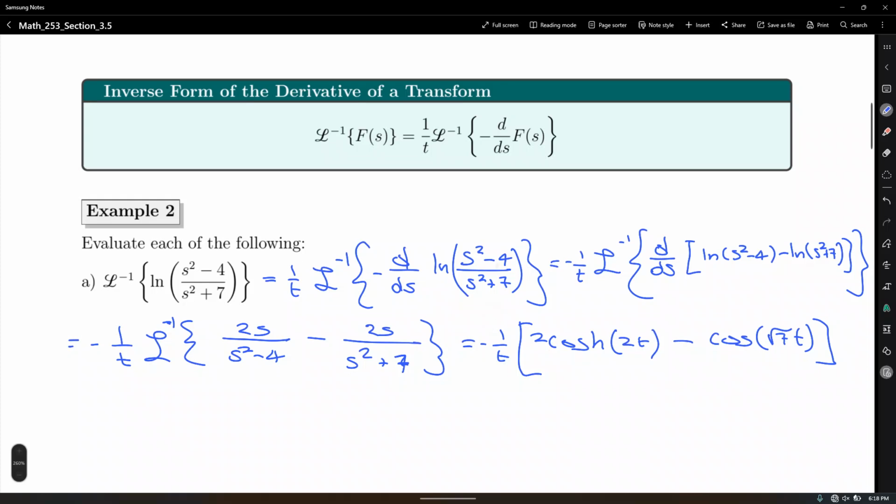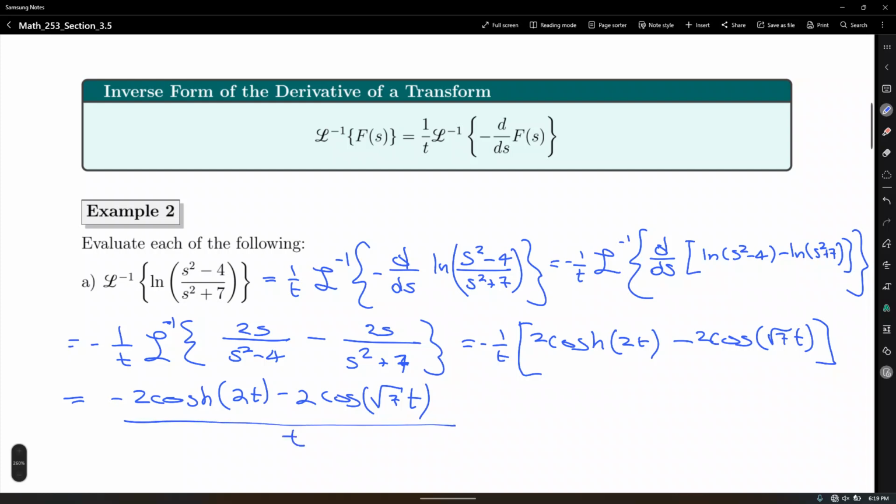And we also don't forget the 2. Don't forget the 2. And finally, simply we do negative 2 cosh 2t minus 2 cosine root of 7t, everything divided by t. All right.